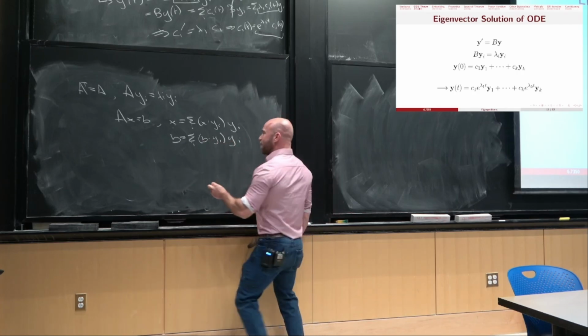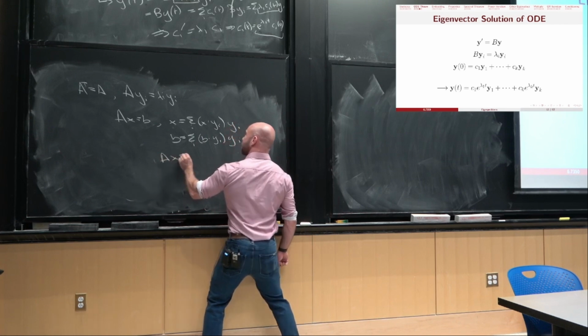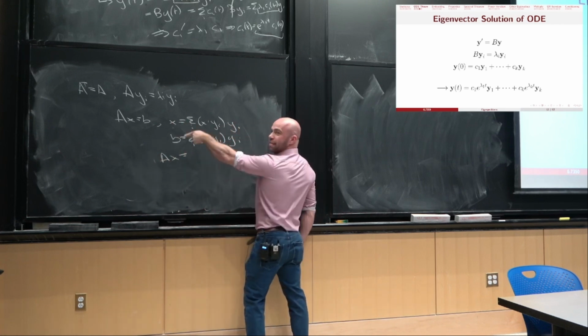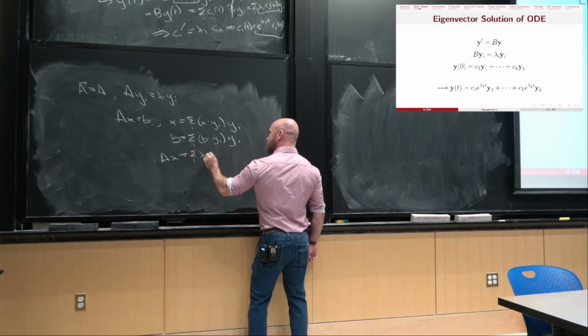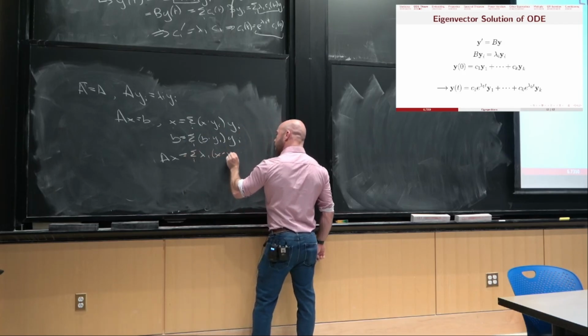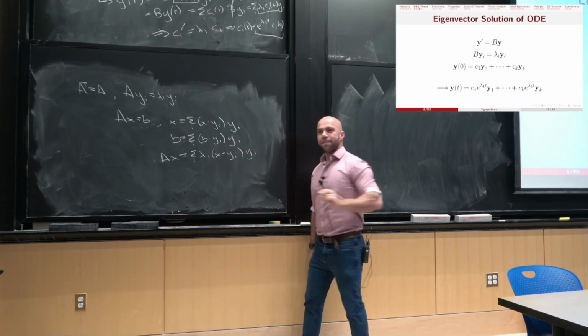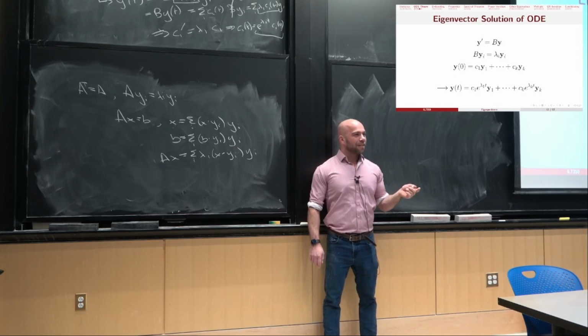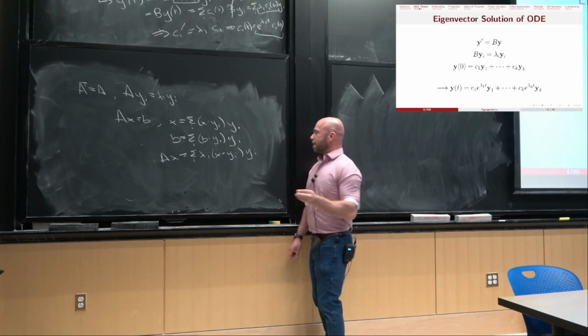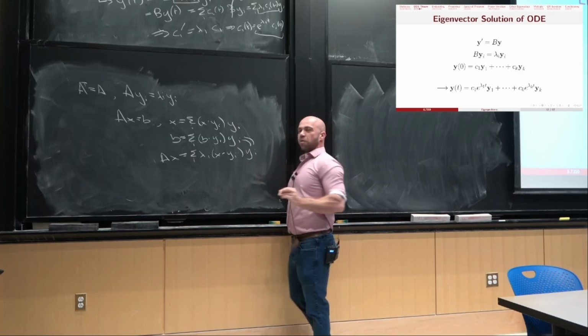And finally, what is A times x? Well, if I multiply both sides of this expression by A, I'm going to get that this is the sum over i of lambda i x dot Yi. So by basically exactly the same trick we used for differential equations, if we want Ax equal B, then these two expressions have to equal one another.